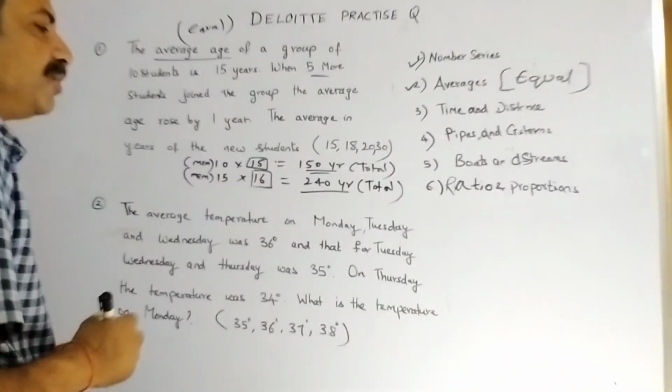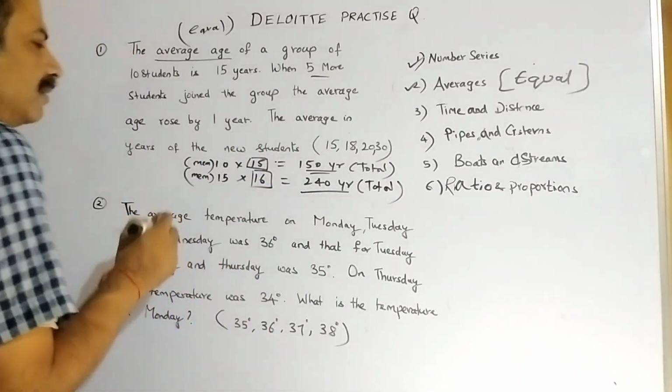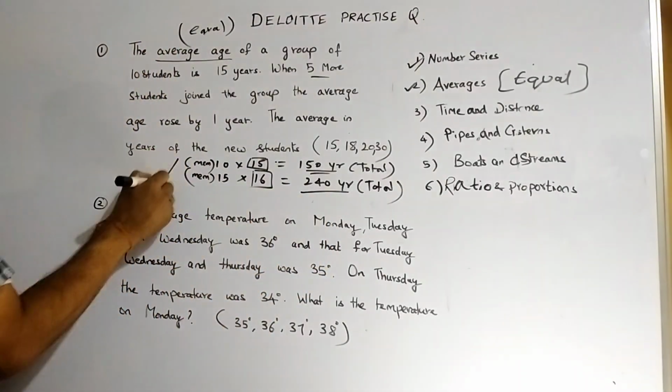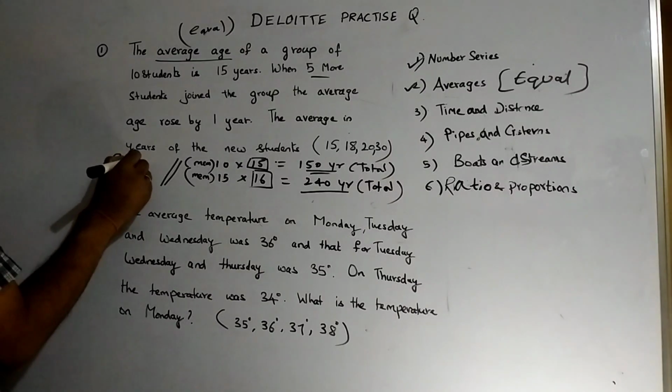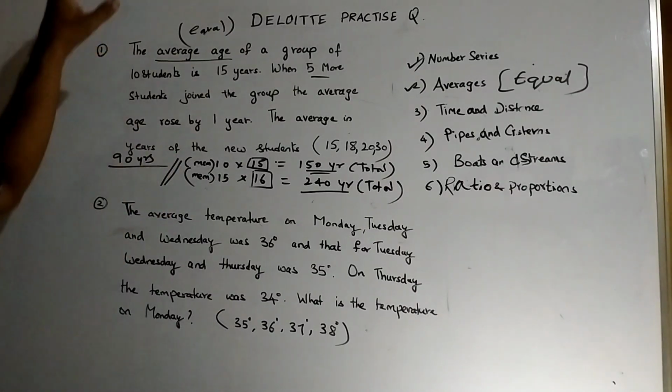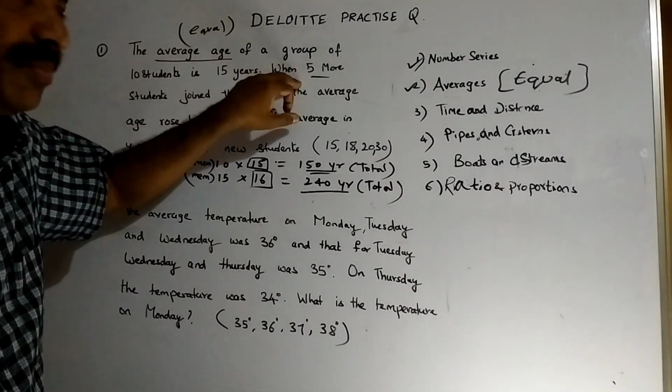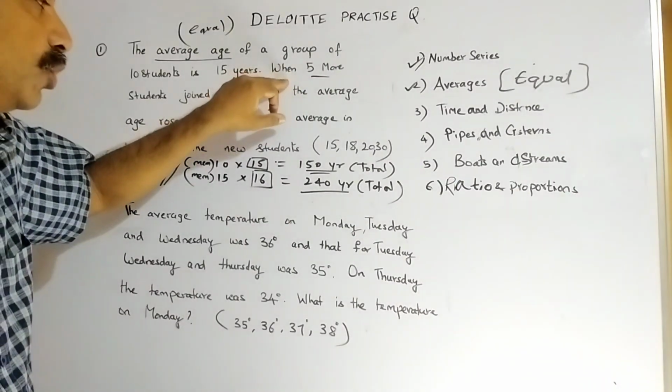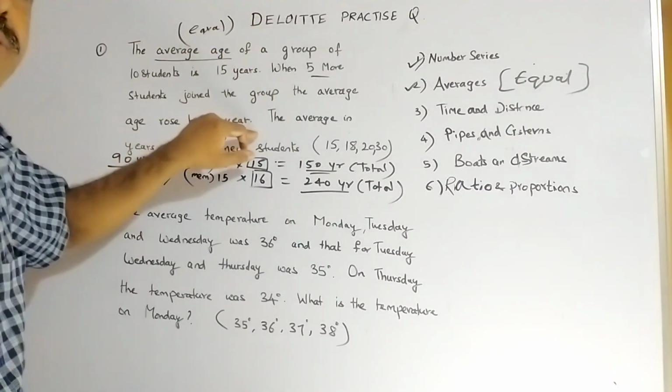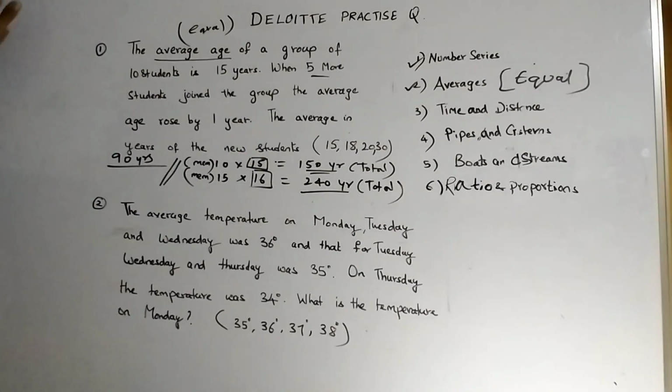If you take the difference, 240 and 150, the difference is 90. I am writing here: it's nothing but 90 years, the difference before and after the addition of the 5 students.